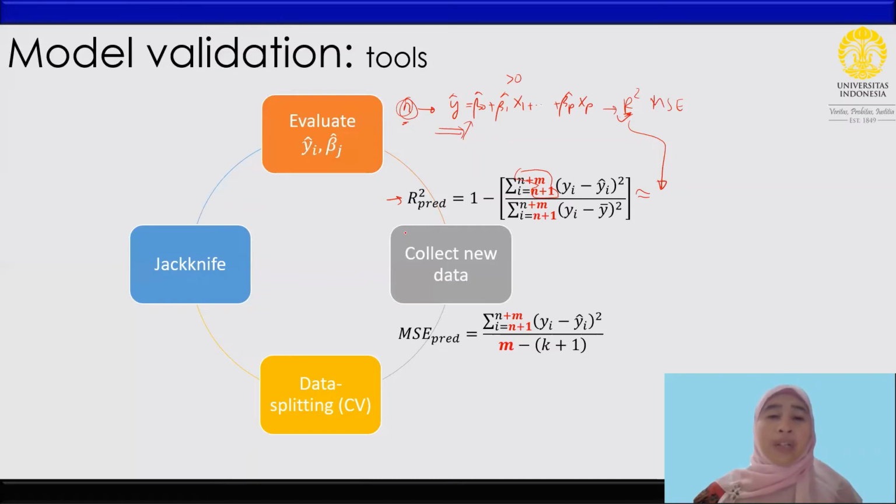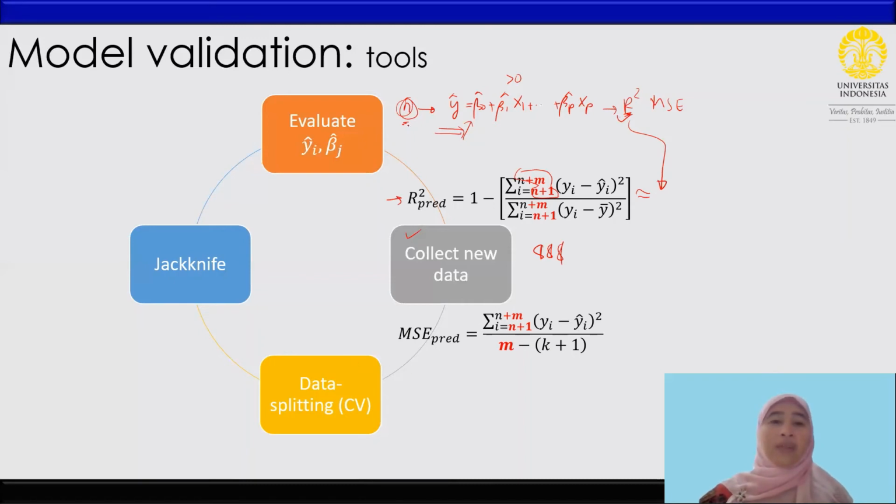That's if we want to collect new data, but sometimes we are not able to, because collecting new data is related to resources. We need budgeting, human resources, and more time. In the case that we cannot do that, we just do data splitting.